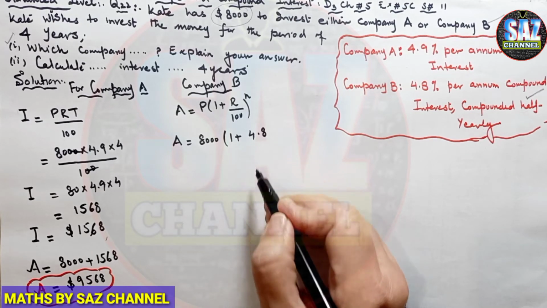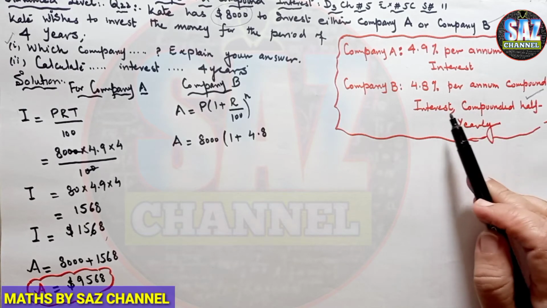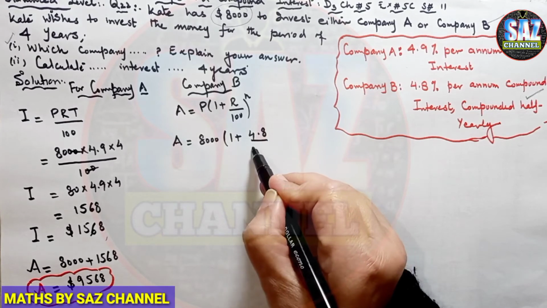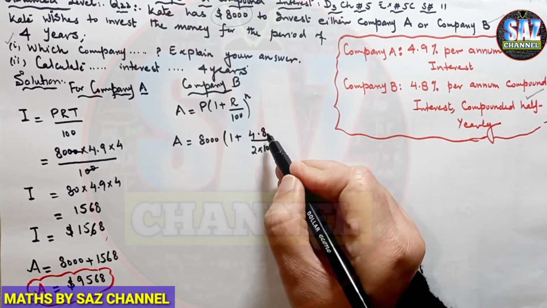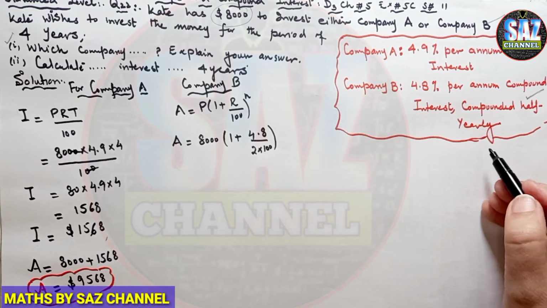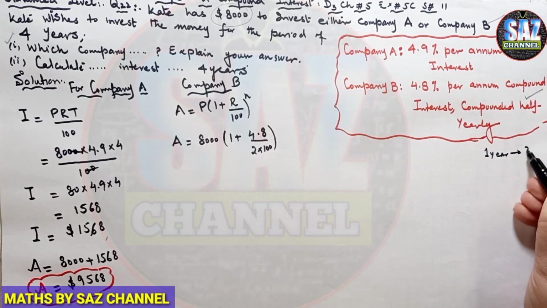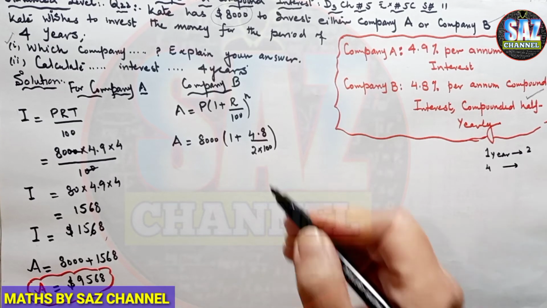Now the point to understand is that the interest rate is compounded half yearly, so the rate will be divided by 2, and we have to see how many conversion periods there will be in 4 years. In 1 year, there will be 2 conversion periods, and in 4 years we will have 8 conversion periods.